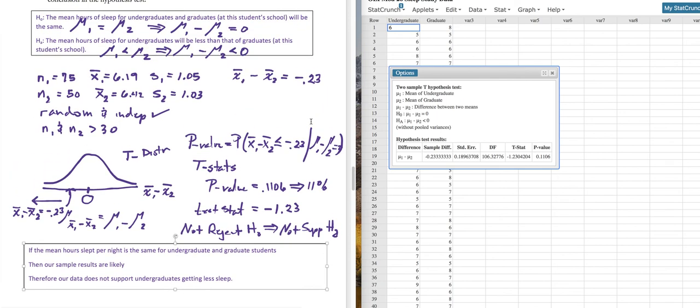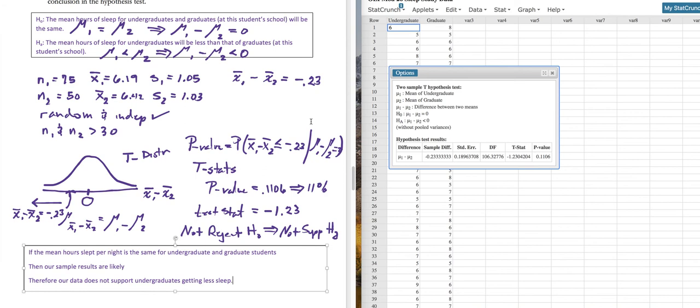So before we do that, I want us to think about what's going to be in the interval. So let's remember here that our data led us to not reject our null hypothesis. I don't know why my pen won't work here. Okay, here we go. So we are not rejecting our null hypothesis H0.